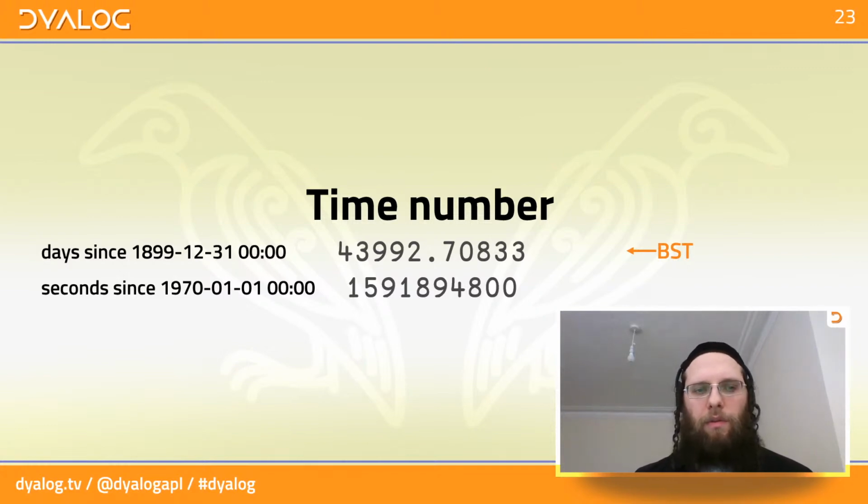But we could also count in the number of seconds or milliseconds or fractions of a second of some sort. All these scalar counters from a starting point are time numbers. And we could even have a variation where it isn't exactly a counter, but some kind of encoding as a number. But as long as it's a scalar number that represents a moment in history, that's a time number.